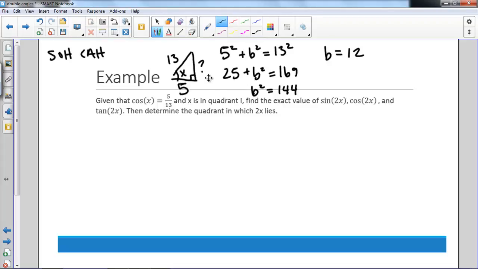Okay, now that I have all three sides of my triangle, I can start by finding sine of 2x, which from the previous screen is 2 sine x cosine x.